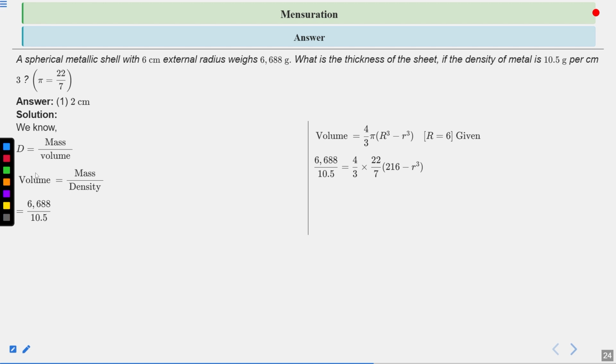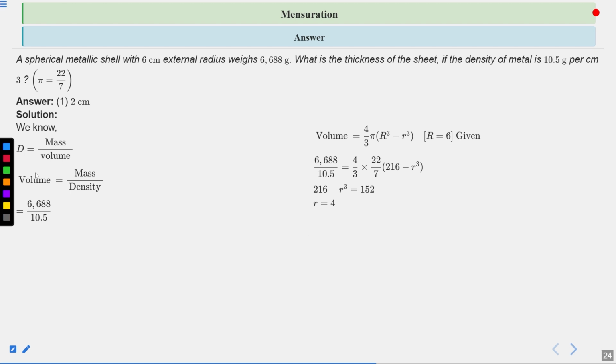So we can compare it by the volume. The volume is 6688 upon 10.5 equals 4 by 3 into 22 by 7 into 6 cube, which is 216, minus small r cube. When we simplify it, we get 216 minus r cube equals 152. Now we can calculate it.